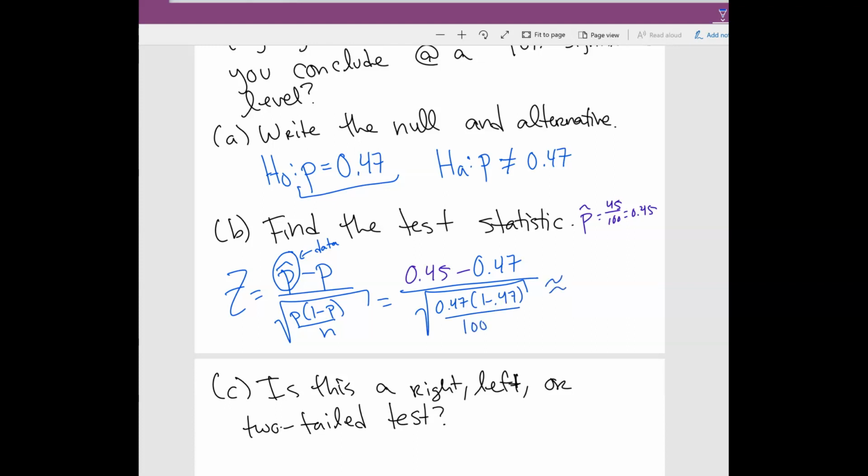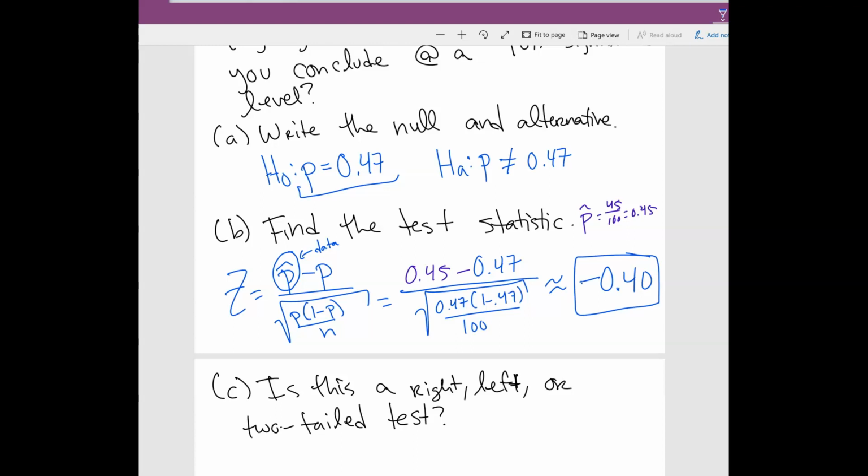Now let's put this into our calculator. Second data, not second data, fraction: 0.45 minus 0.47 divided by the square root of 0.47 times 1 minus 0.47 divided by 100. And I ended up getting negative 0.40. That's what I get.